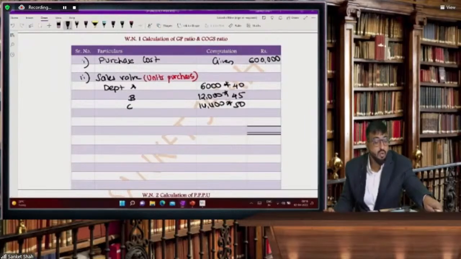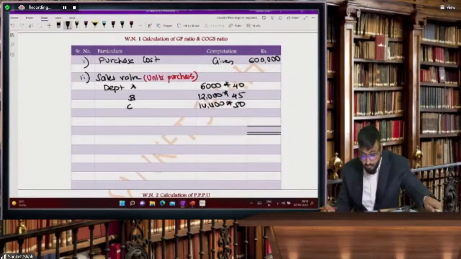Okay, so you got this concept. Normally we consider GP on units sold, but here we are considering GP on units purchased. Why? Because we have the purchase cost and no breakup of purchase cost. That's why we are considering this format. Chalo, 6,000 into 40.